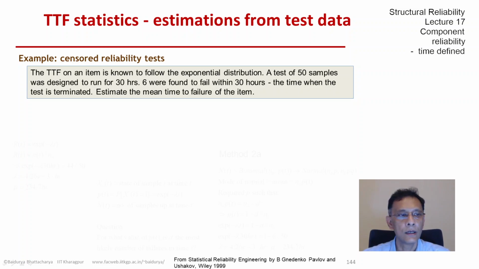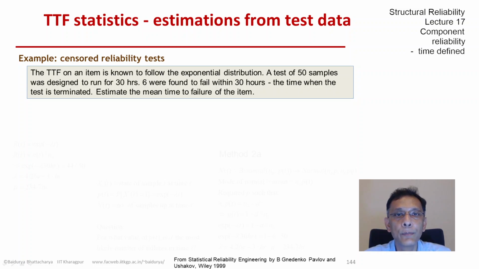We have 50 samples of a test that's designed to run for 30 hours. And within those 30 hours, 6 were found to fail, and then the test stopped. So now we need to estimate the mean time to failure.